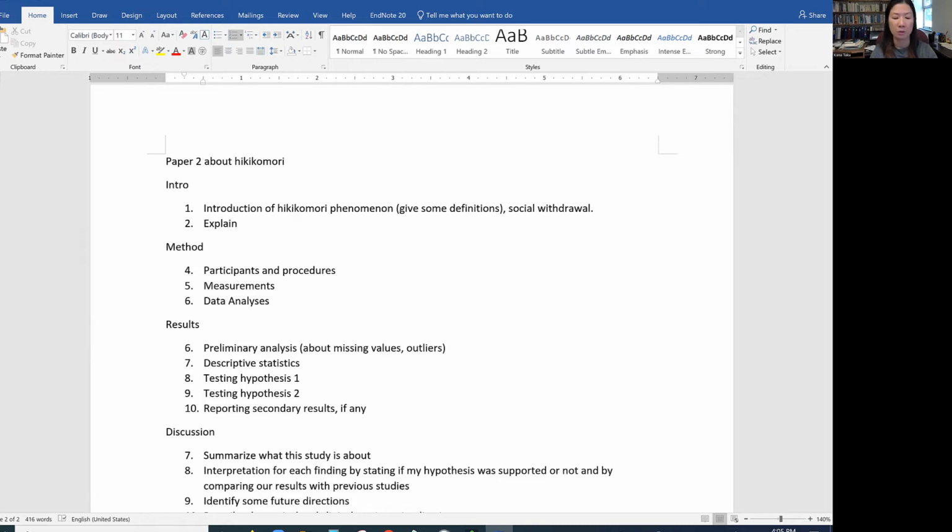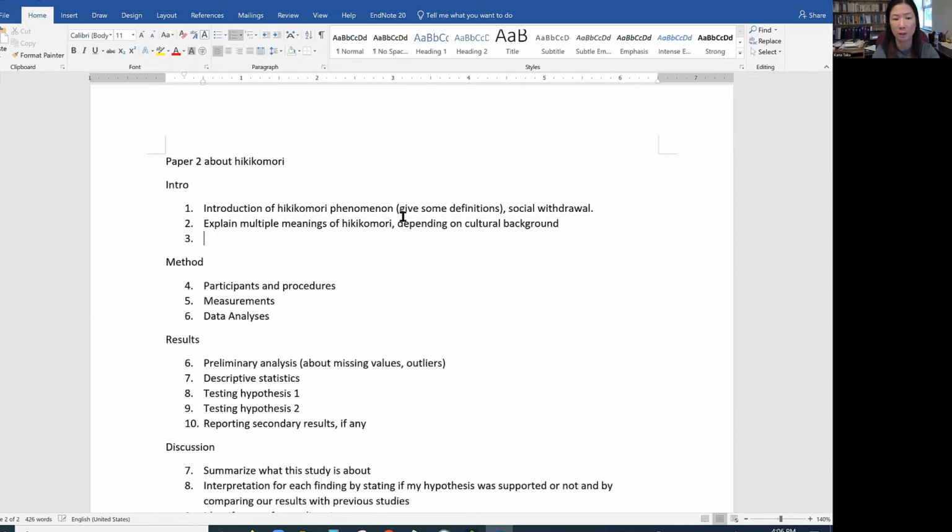So explain maybe the multiple meanings of hikikomori, because I don't want to look at any phenomenon only from one lens. I don't want to assume that it's negative. So I'm going to explain multiple meanings of hikikomori, also depending on cultural background. I may even want to start with the impact of COVID-19.